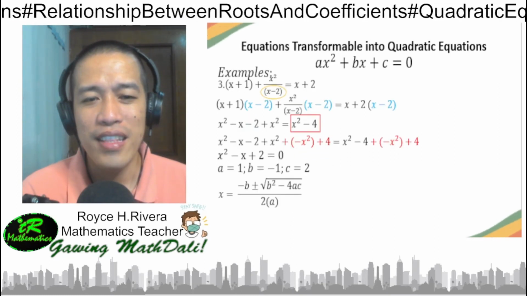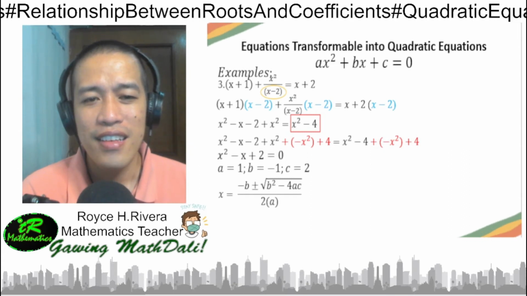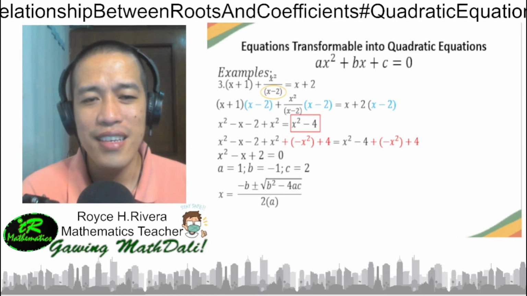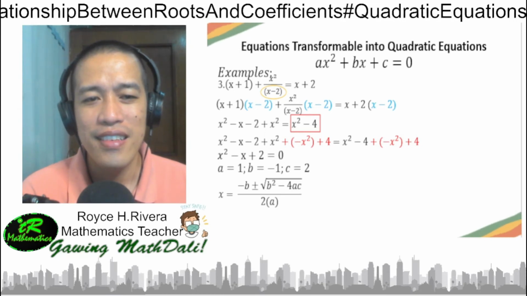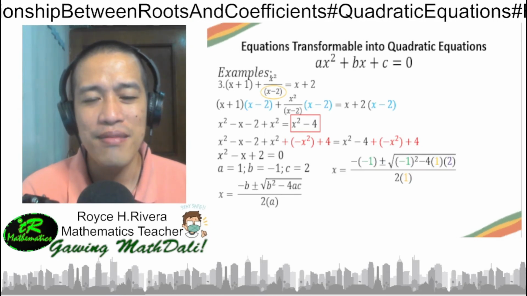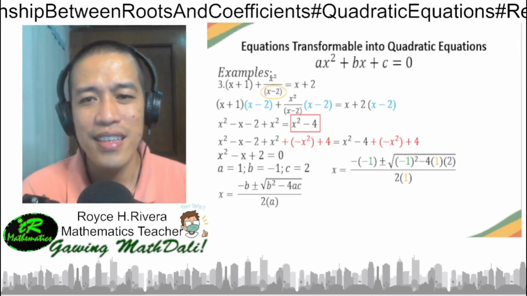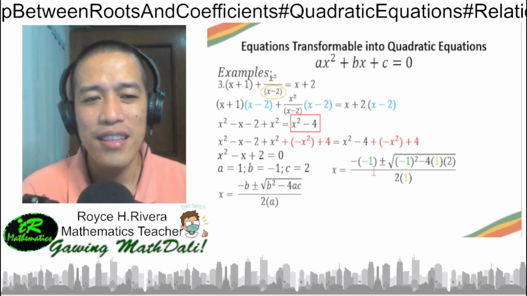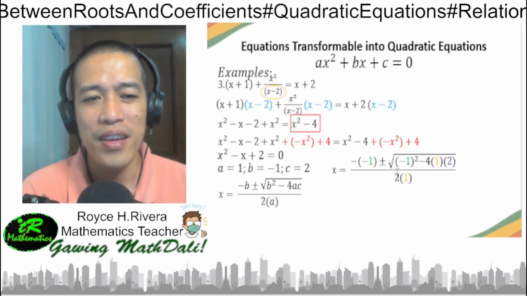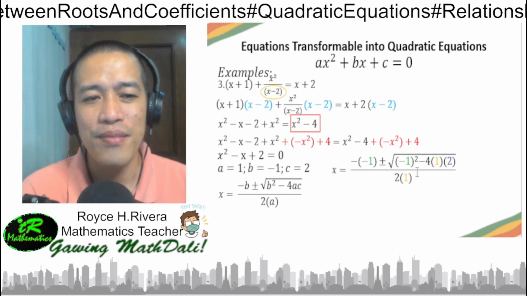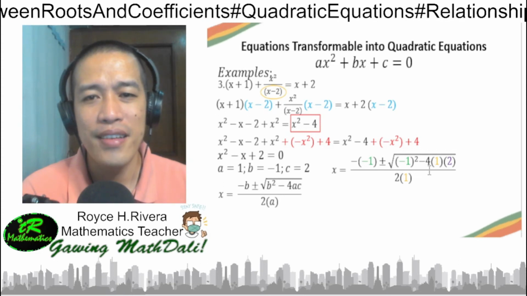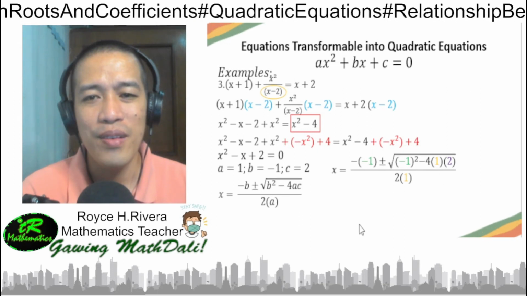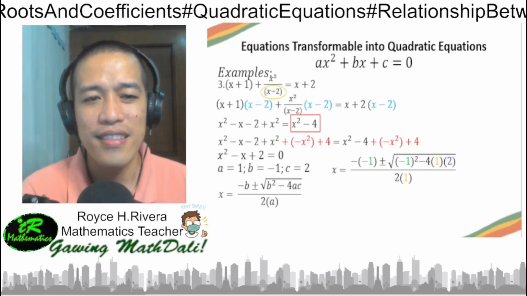So by quadratic formula, I will substitute the values of a, b, and c to the equation. So we will have x is equal to negative of negative 1 plus minus the square root of negative 1 squared minus 4 times 1 times 2 all over 2 times 1.